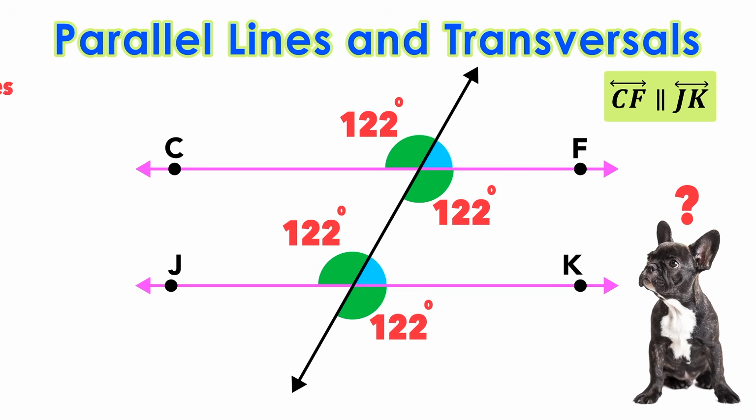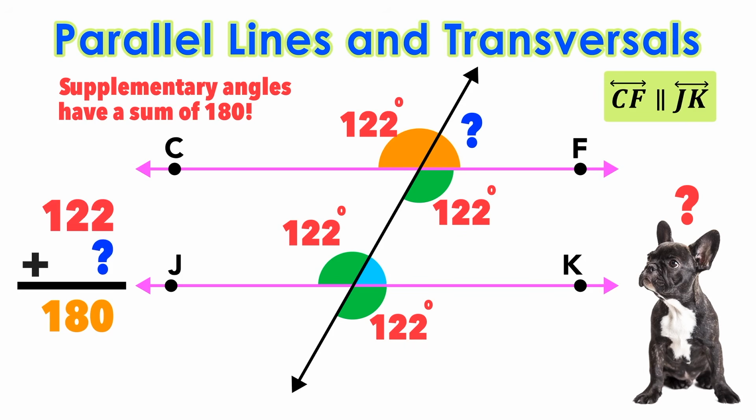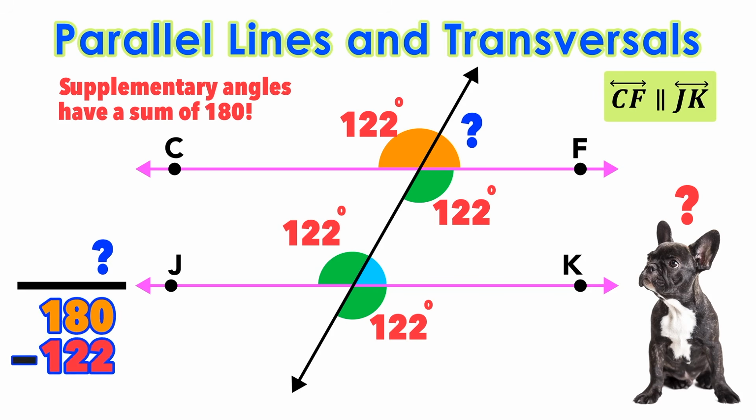Now, we should remember that angles that are linear pairs are supplementary, meaning that they have a sum of 180 degrees. So if one of the angles of our linear pair is 122 degrees, I can find the other unknown angle by asking the question, 122 plus what number would equal 180, which is the same as subtracting 122 from 180, whose difference is 58.